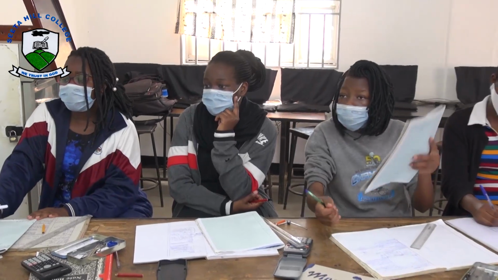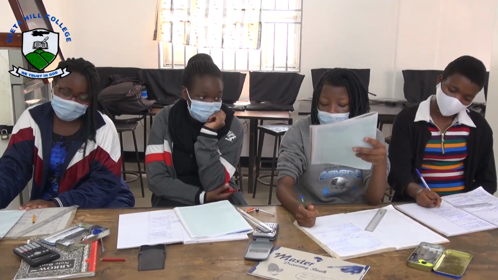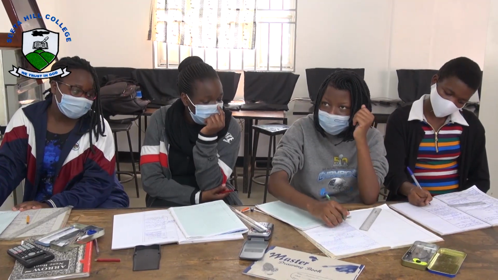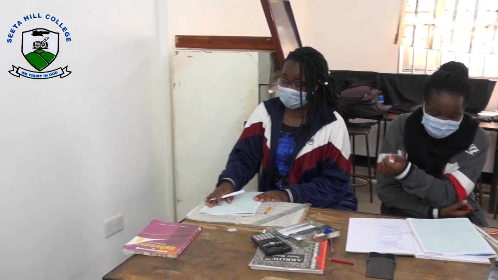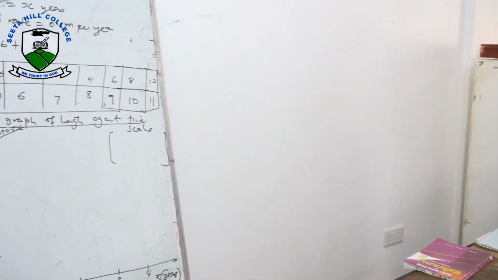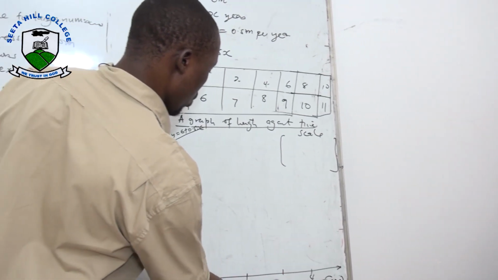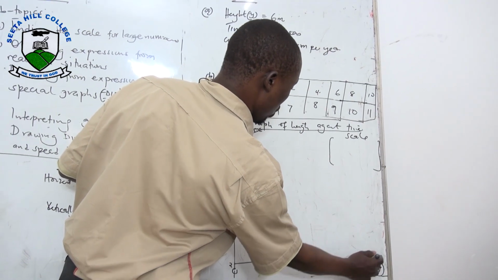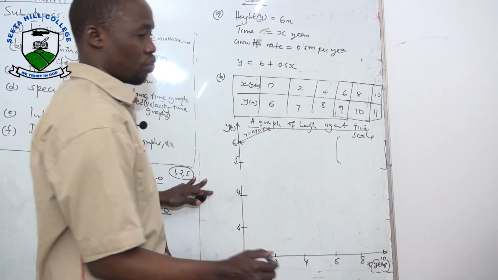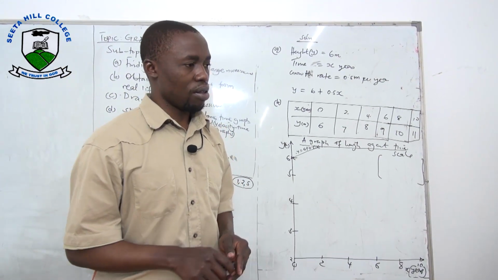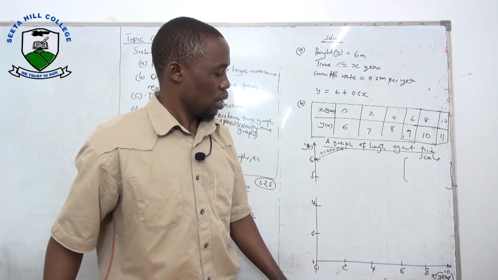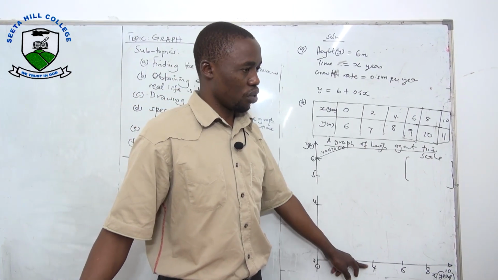Does it reach up to 10? No. Then you'd use 0, 2. Did yours reach? That means you use 0, 2. This one can't reach. 0, 2, 4, 6, 8. Use 2 centimeters to avoid the congestion for every. That means 0, 2, 4.